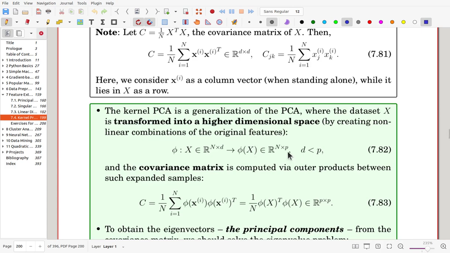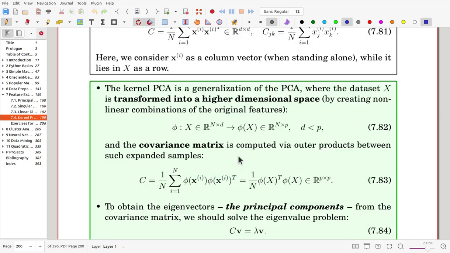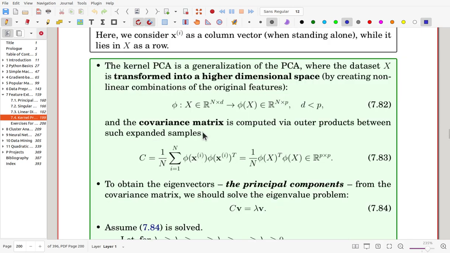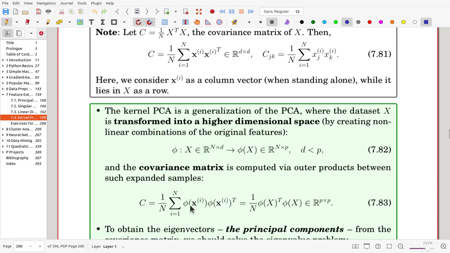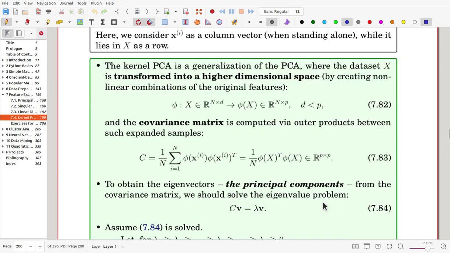So P is larger than d, and these are now the transformed data points in higher dimension. Then the corresponding covariance matrix can be formed as 1 over n times the sum of phi(x_i) phi(x_i) transpose. In matrix notation, we can write it in this way. Now C is P by P dimensions.